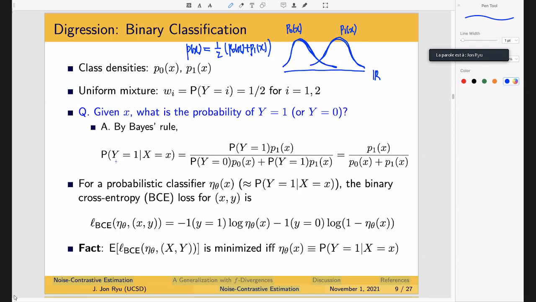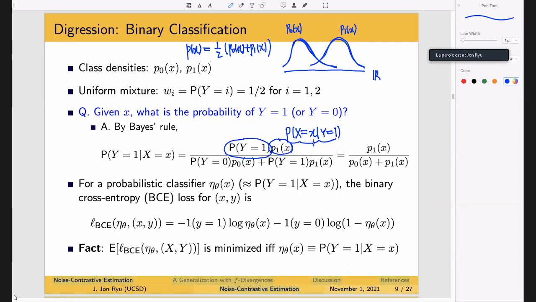So the probability of y being 1 given x under this mixture distribution is the probability of y being 1, so the prior, times the class densities.